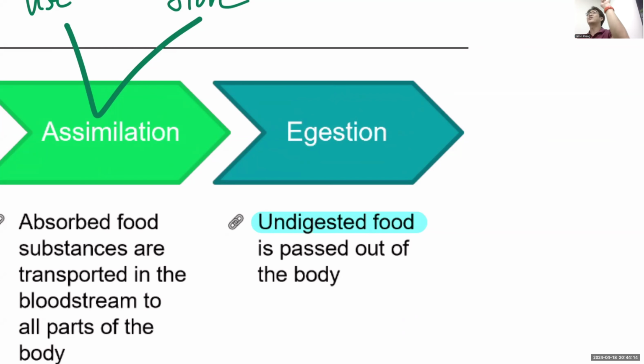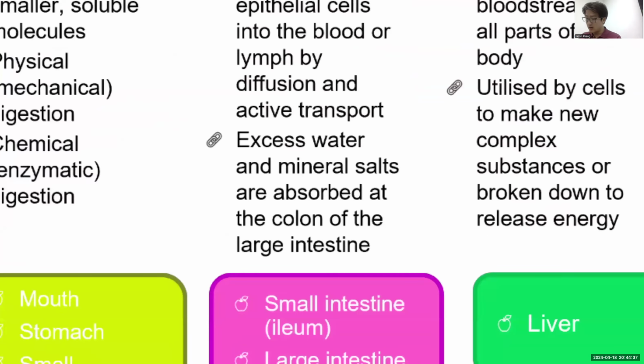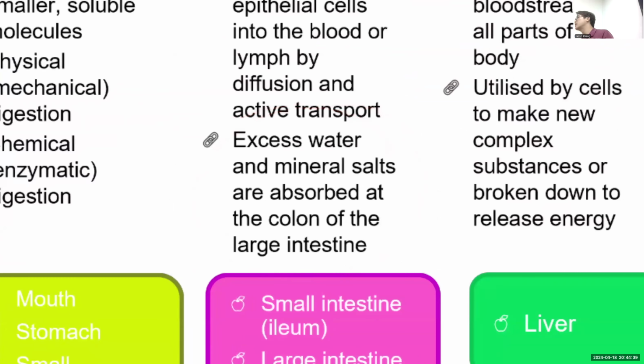Because is undigested food devoid of nutrients? Undigested food does contain some nutrients, and some water, but that's where we have our absorption, right? What else?